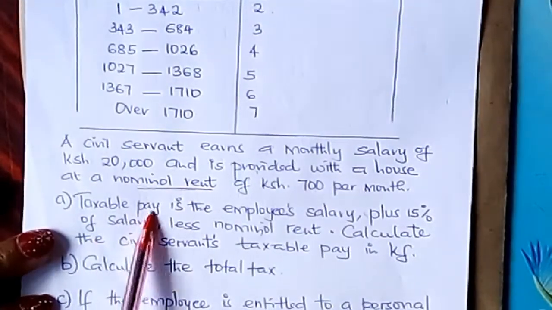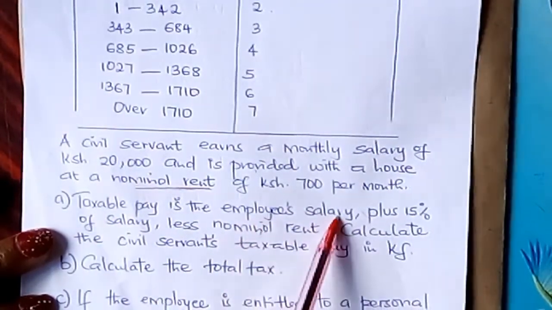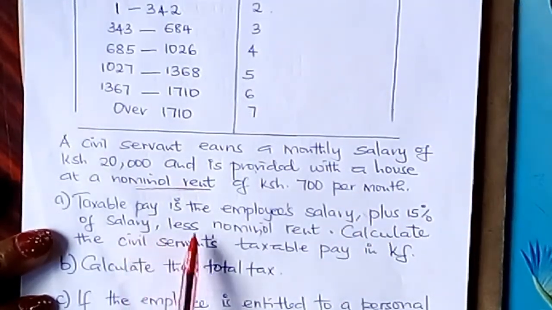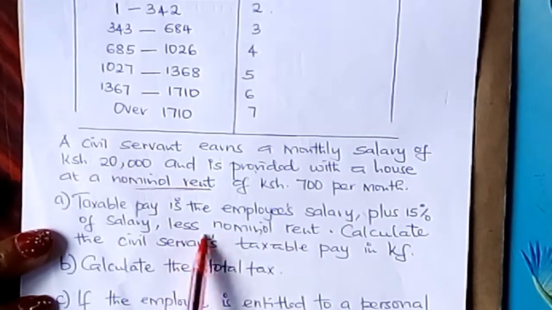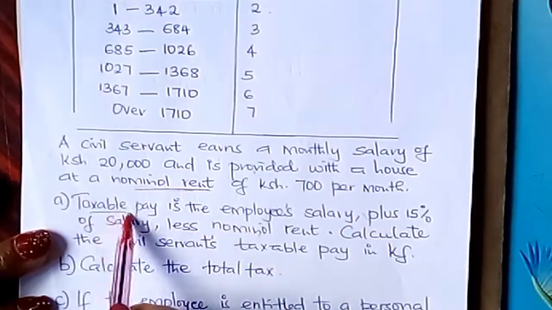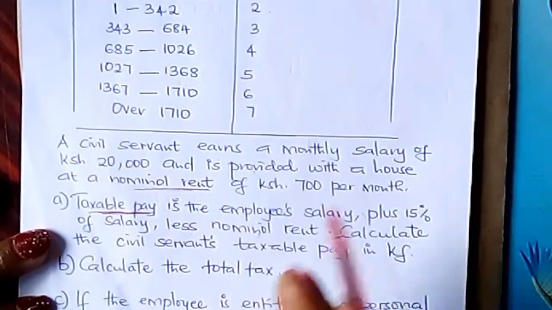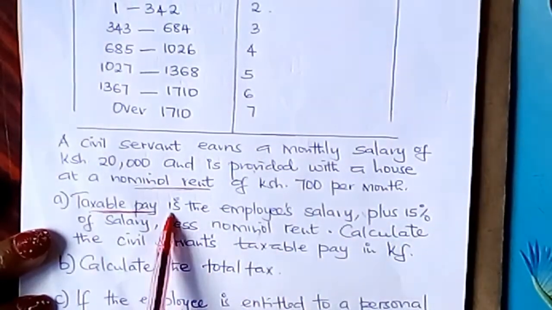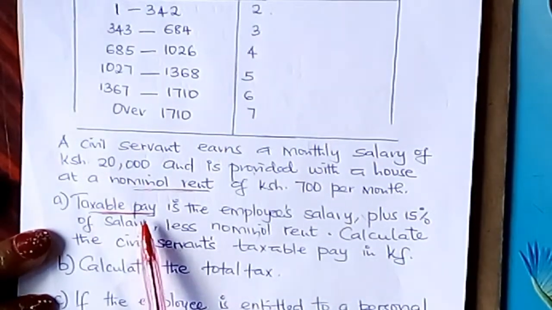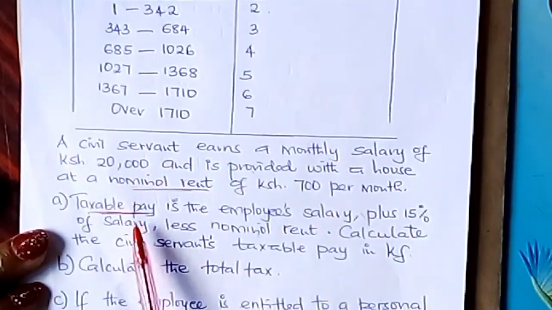Taxable pay is the employee's salary plus 15% of the salary minus or less nominal rent. You are given the formula of how to calculate the taxable pay, although you are meant to know it offhand. I read again, learner, for you to understand.